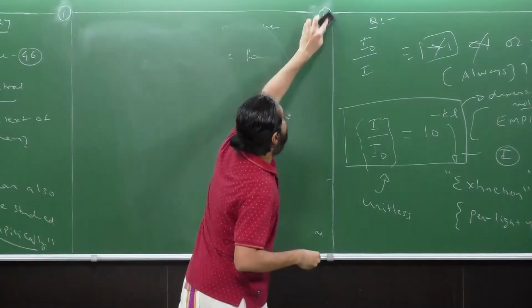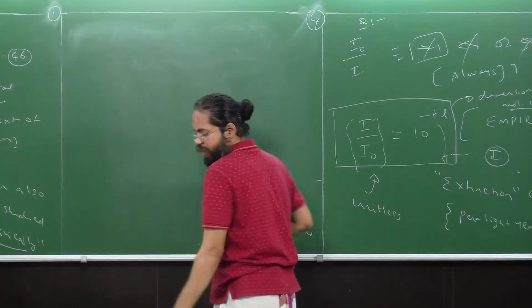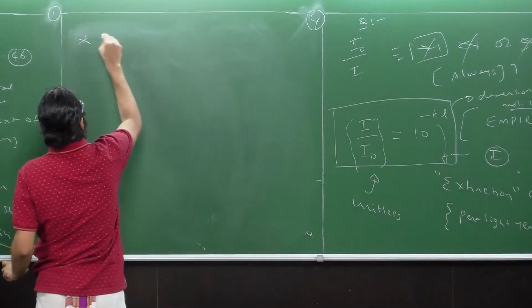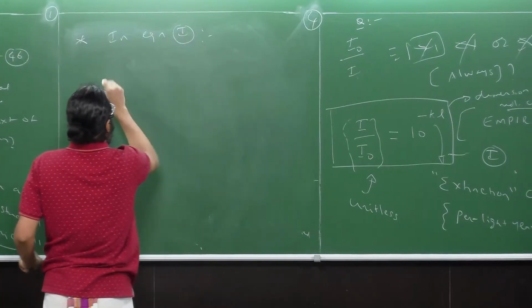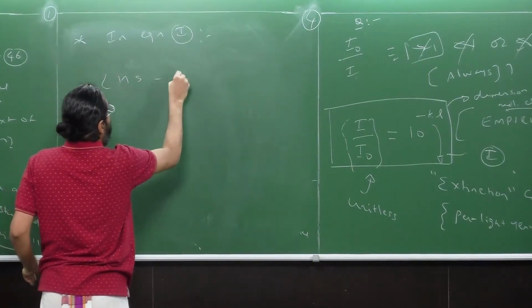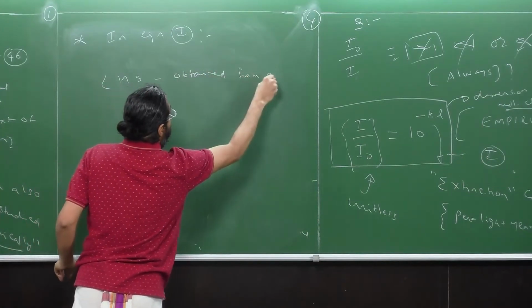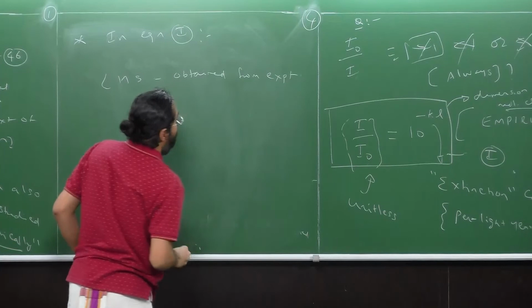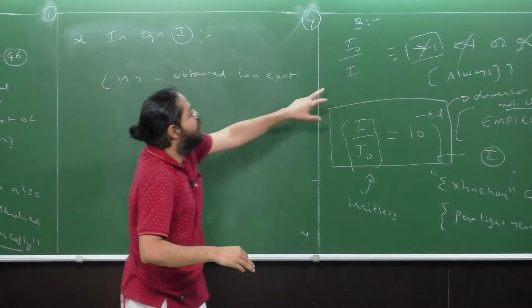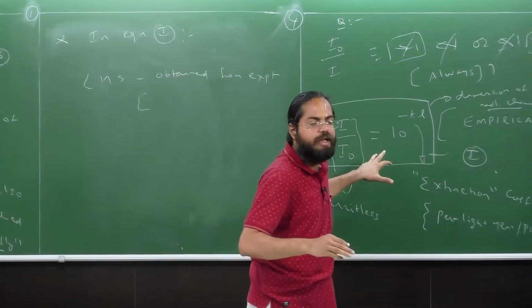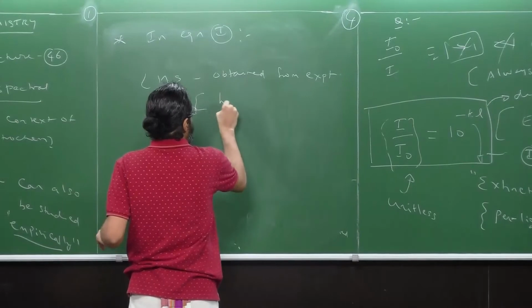To put it better, this is going to be page 4, and note that in equation I, the LHS could be obtained from experiment. How, I did not tell you, and probably will not tell in this course. You may learn more about it in a course dedicated to astronomy itself.